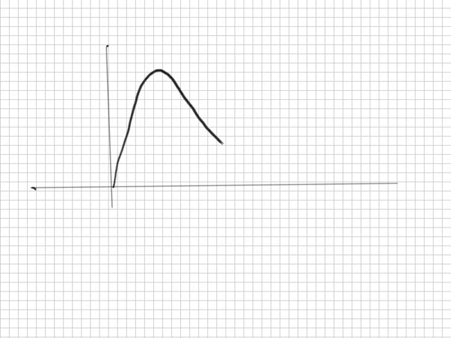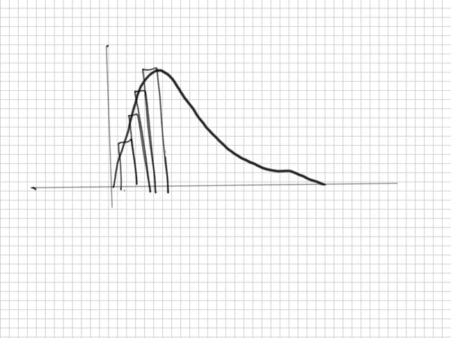So if the data looks like this when you draw your histogram, I'm drawing a curve, but you know it should be bars, right? If your graph looks like this, where is most of the data? Is it above the average or below the average?